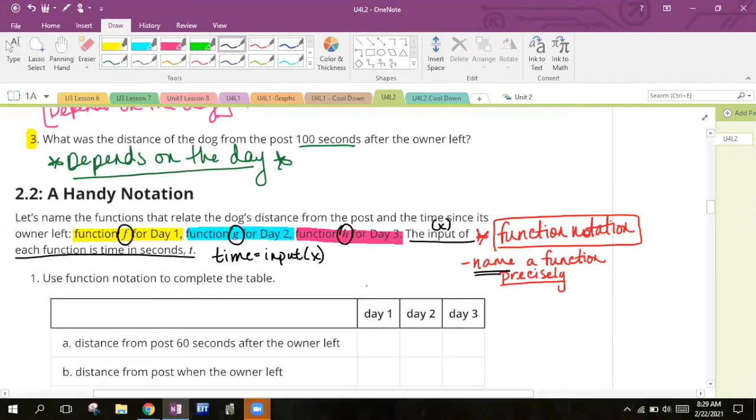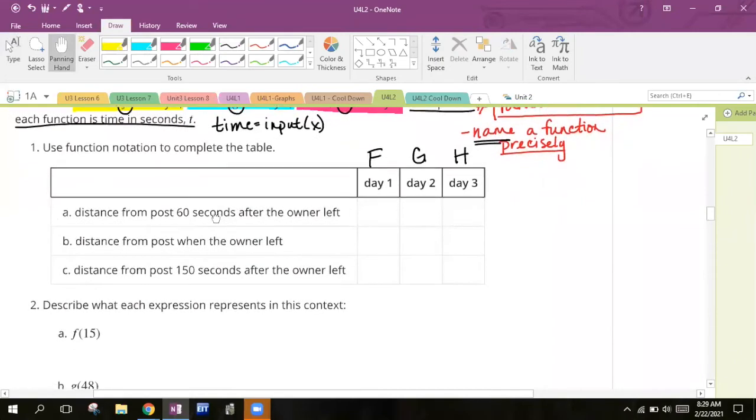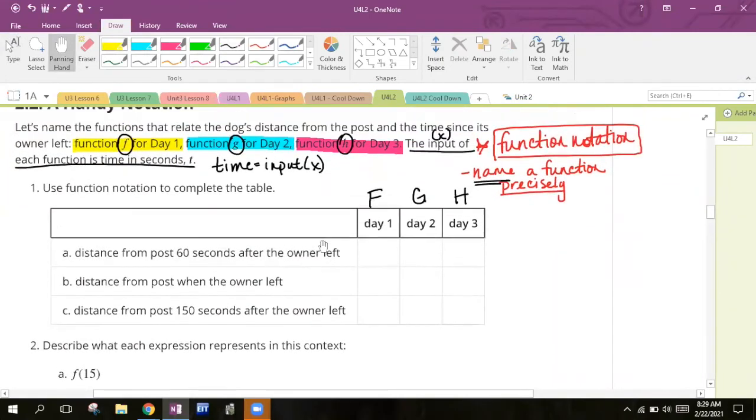I'm going to write that above it. Day 1, F, day 2, G, and day 3, H.